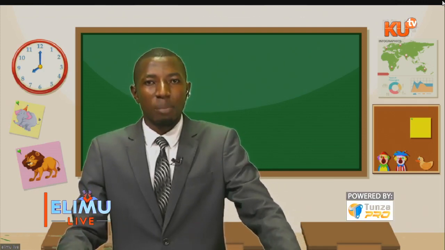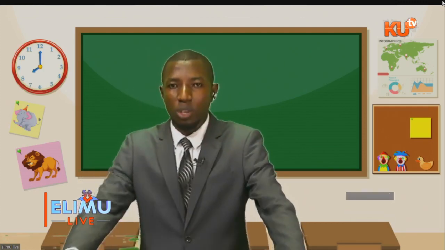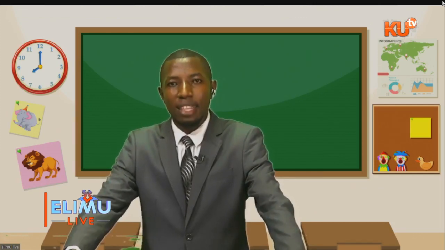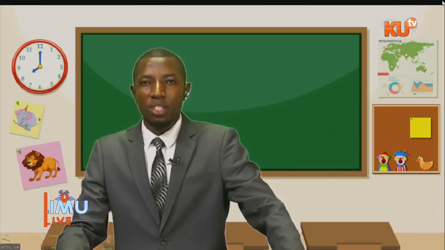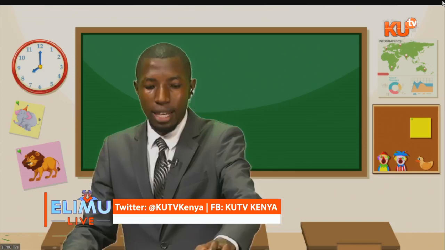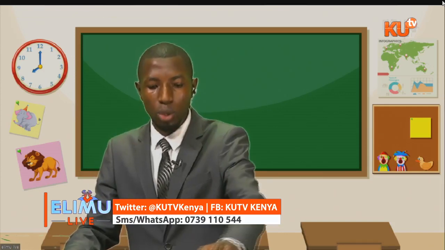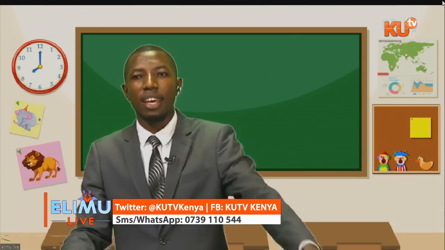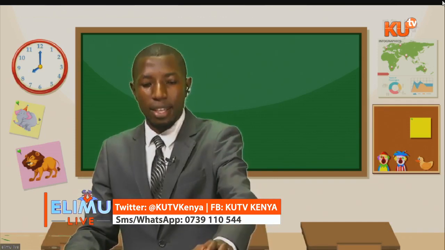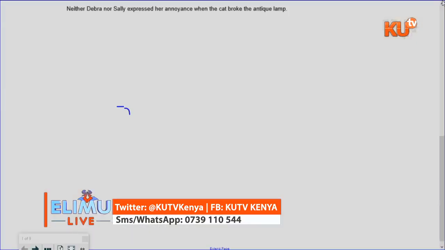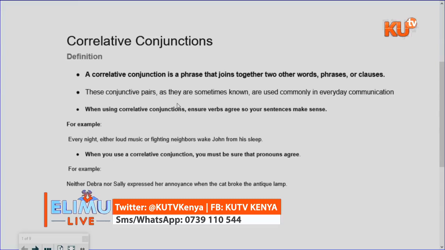But before I take you to correlative conjunctions, there are other types of conjunctions I want us to look at: the coordinating conjunctions, and then the subordinative conjunctions.